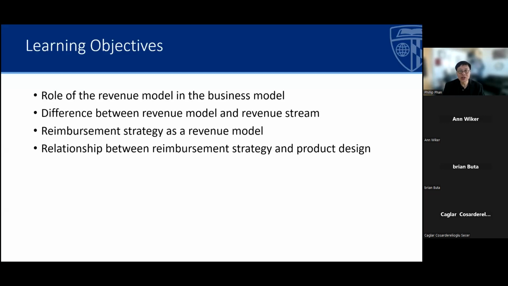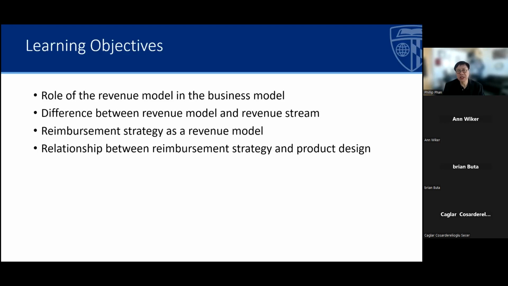All right, so the learning objectives for this webinar today are to think about the role of the revenue model in the business model, and then to discuss very briefly the difference between the revenue model and revenue streams. Again, they're related, but they're actually different things, and it's important to understand what those things are because it's going to be critical for you to build your financial projections.